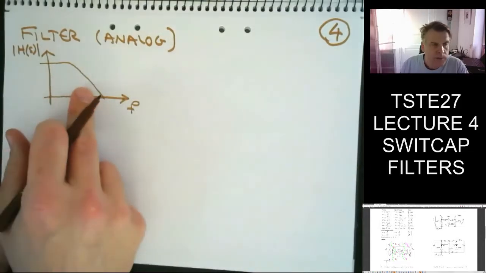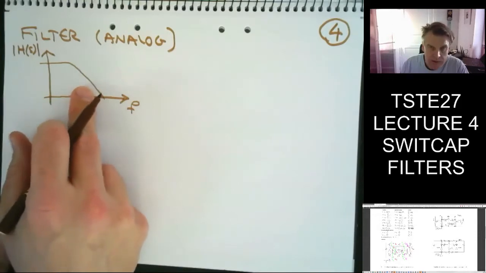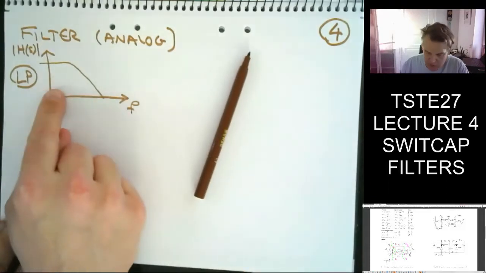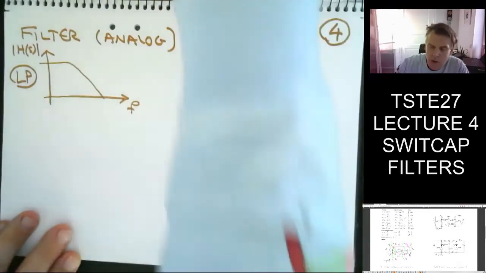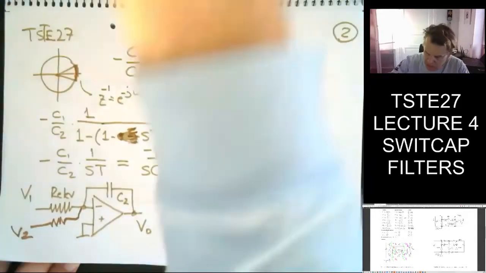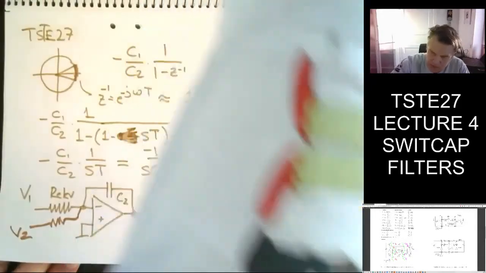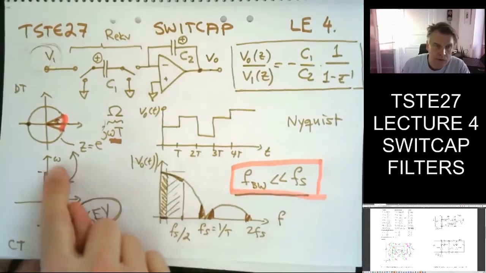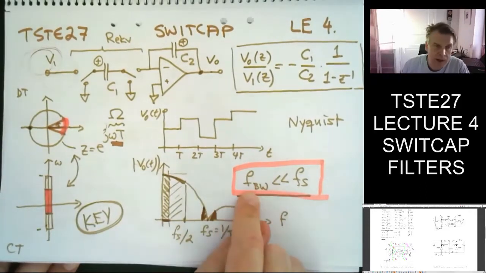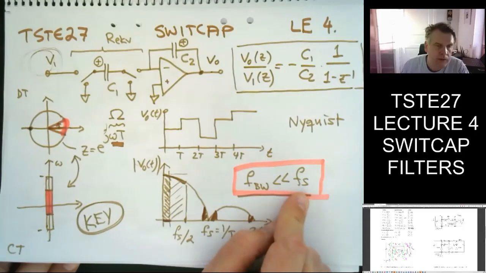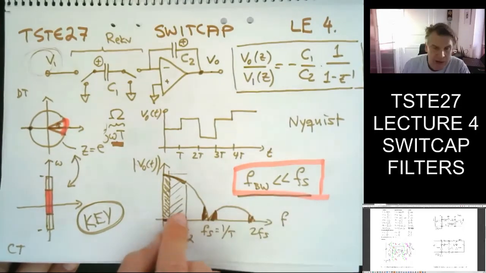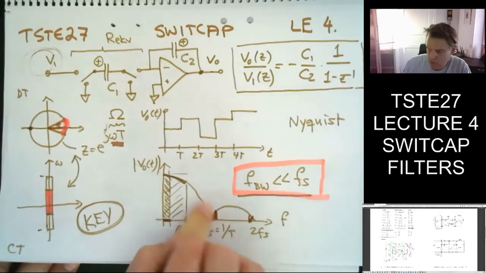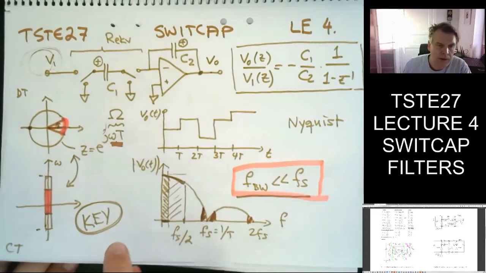In our case, we're going to look at low-pass filters. So we pass low frequencies through our filter. Why is that? Well, that's obviously due to this requirement. We have already restricted ourselves. Not only that the bandwidth should be much less than the sample frequency per se, we could have a more narrow band higher up in frequency, but this sinc weighting will force us to limit ourselves to the low pass domain.